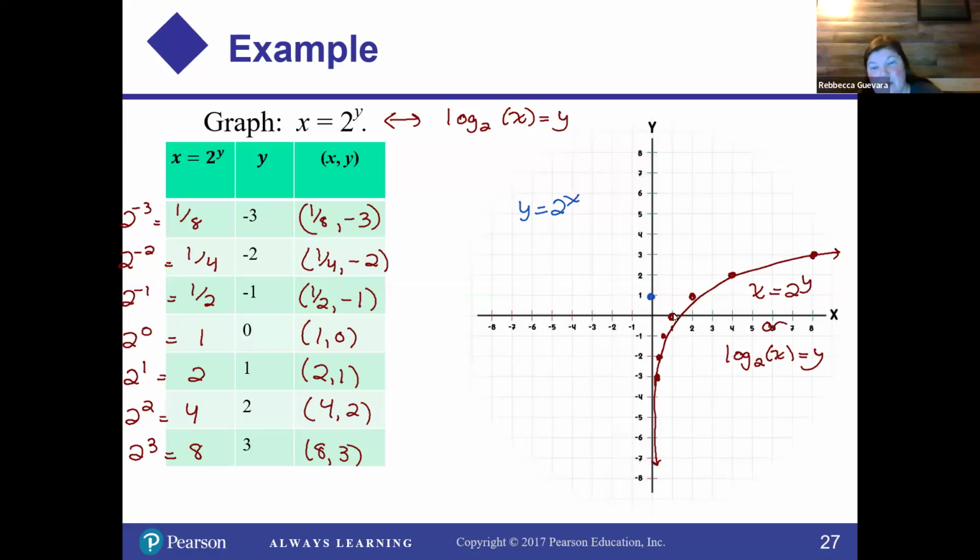There we go, we'll have that point there. Then it's going to be like this. It should be 1, 2. There we go. I think I had that one off the last time.